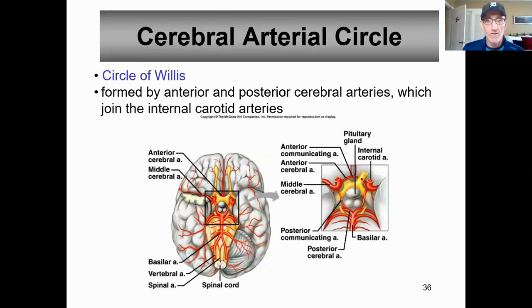So right here at the base of our brain is this circular ring of blood vessels. And basically the brain gets all its blood off multiple branches. Notice where we are, pituitary glands, so really bottom of our cranium. If I had a skull sample to show you guys, I really wish I did. Try to use your memory though.